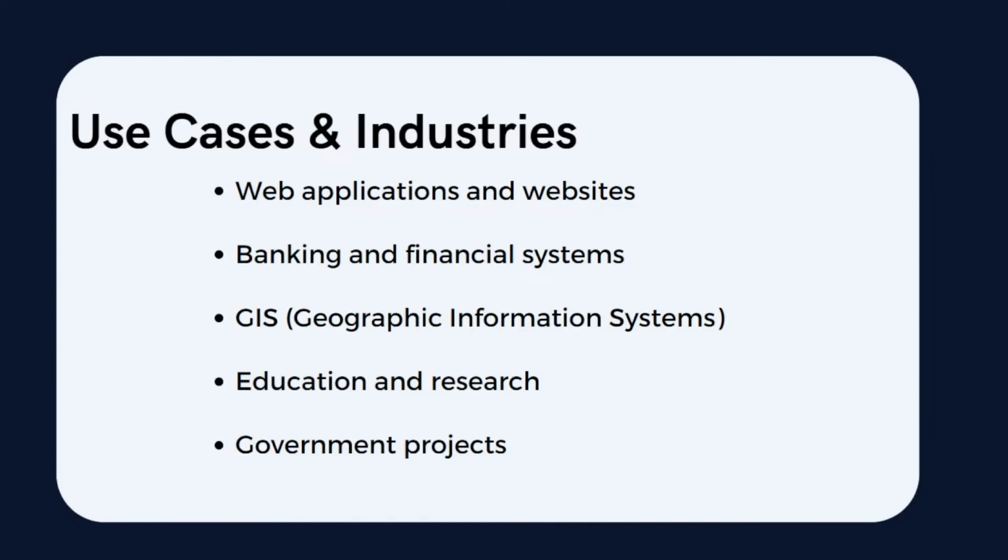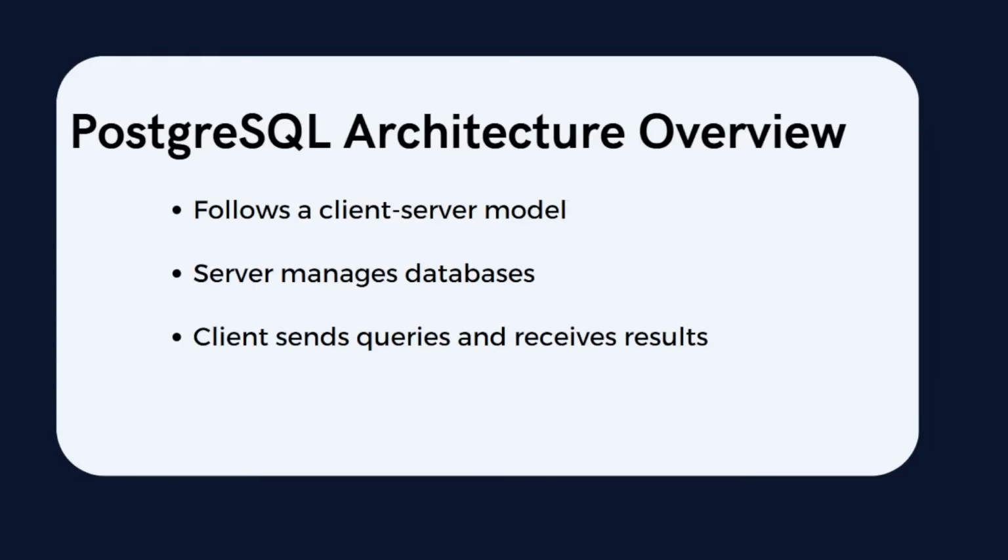GIS is a geographical information system, like Google Maps. That industry also chooses PostgreSQL as a good database. And education and research systems, and government projects. Government projects importantly consider a secure database only, so many government projects also support PostgreSQL as a good database, right?